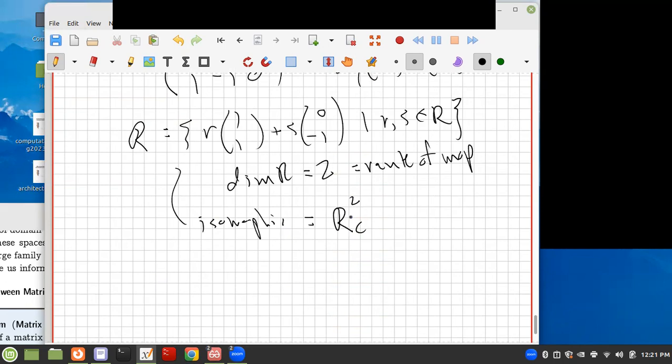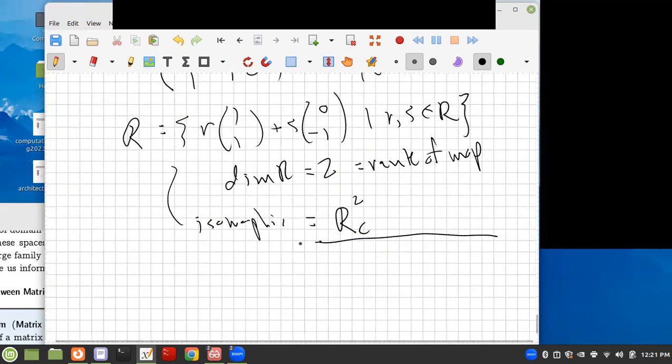Stephen, you look puzzled. What is it? An isomorphism says there's a one-to-one onto map between two spaces. So, because this is two-dimensional, I may not recognize this as a basis for R2, but this range space, unfortunately, I'm using the same notation. The problem is, okay.